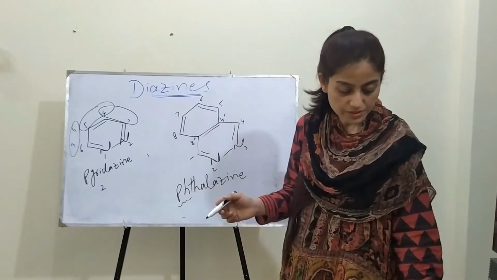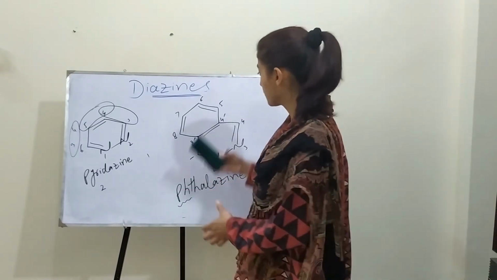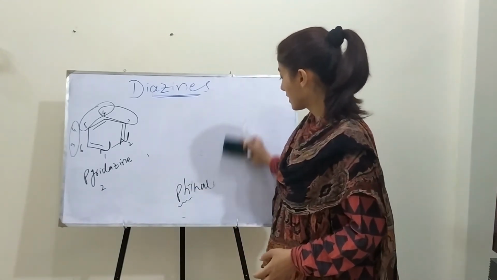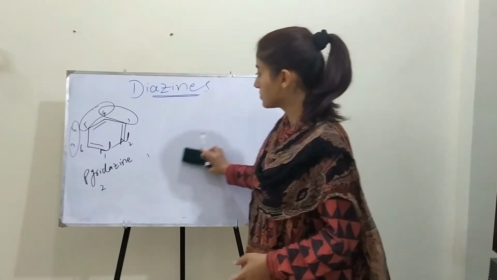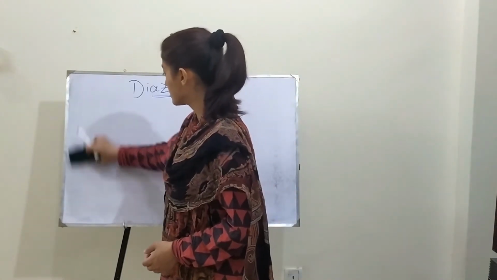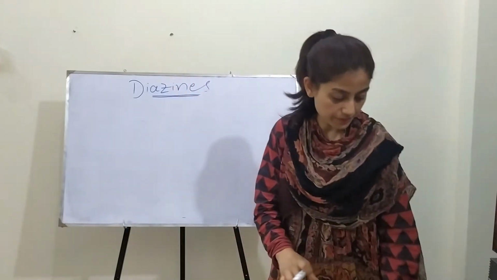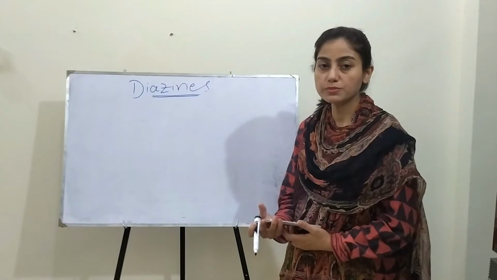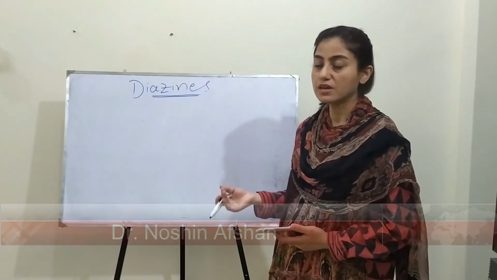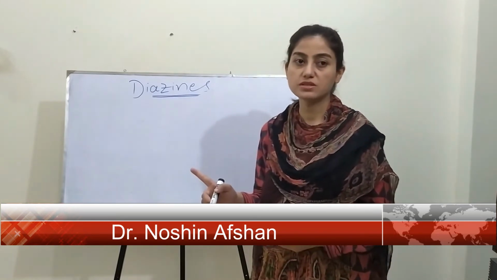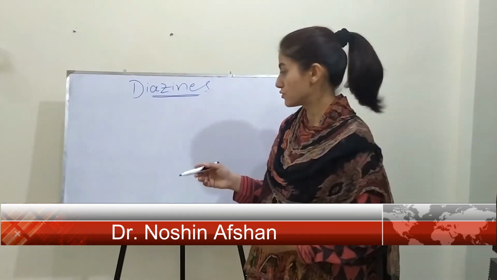So this was the possibility for pyridazine to fuse with the benzene ring, and the next possibility is for the benzene ring to fuse with pyrimidine. So for pyridazine, there are 2 possibilities for the benzene ring, but in the case of pyrimidine and pyrazine, there is only 1 possibility for the benzene ring to get fused.